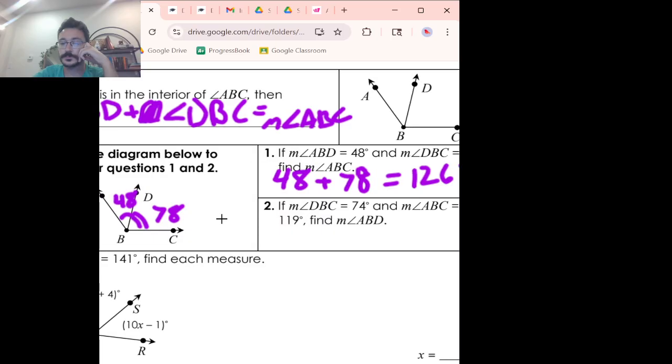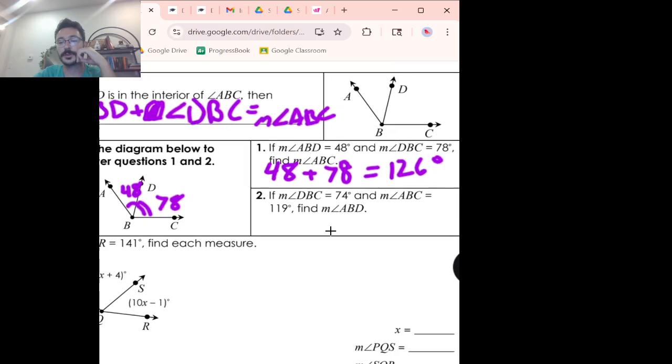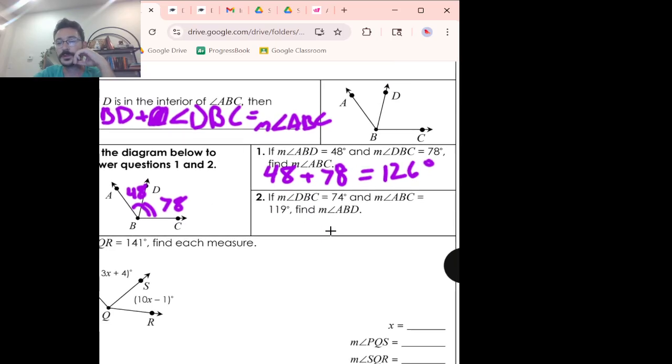And then number 2, I believe this one's just working the other way. It's using the same picture, but giving us different measurements. Notice, in the last one DBC was 78, this one's 74, so it's going to be slightly different numbers. That's why it's not labeled over here. So ignore my 48 and my 78 for this.